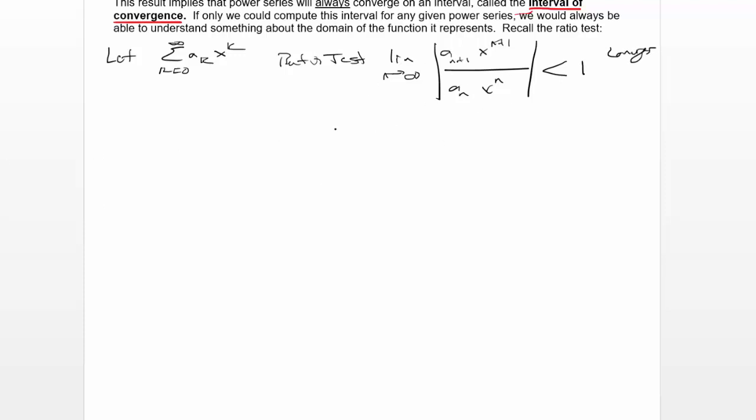Okay, so let's simplify this. This is the limit n heads to infinity of a n plus 1 over a n times x to the n plus 1 over x to the n. We saw earlier that this is just the absolute value of x.